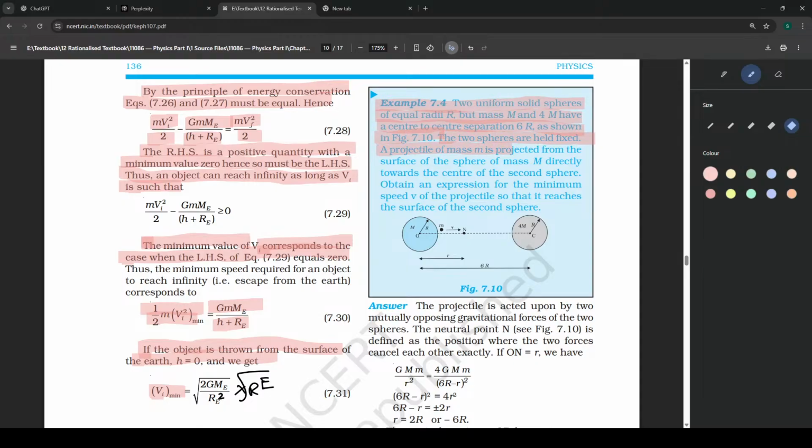A projectile of mass m is projected from the surface of the sphere of mass m directly towards the center of the second sphere. Obtain an expression for the minimum speed v of the projectile so that it reaches the surface of the second sphere. It must escape the gravitational pull of the first sphere.